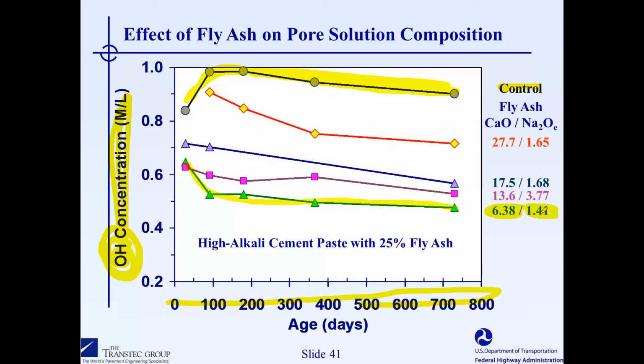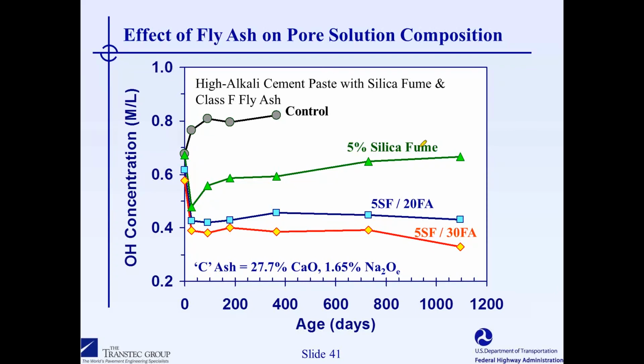And this again is because the fly ash is reacting with those alkalis, consuming them, taking them out of solution so they're no longer available to react with the aggregate. And what we can see is as we increase the calcium content of the fly ash, like this example here, the fly ash becomes less effective in this role. As we saw, it was less effective in terms of controlling expansion.